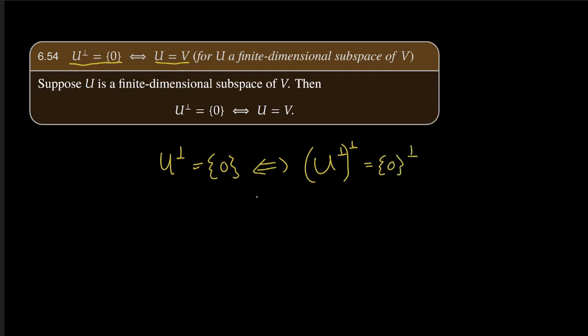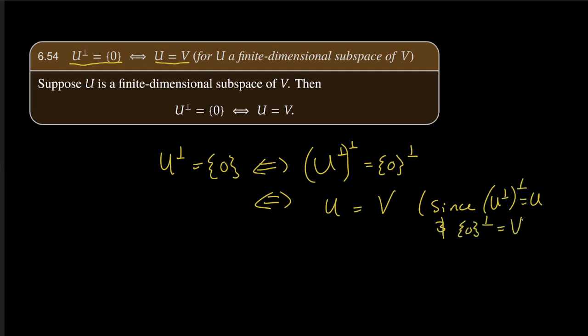But we know that this says that U is equal to V, since U perp perp is equal to U, and the orthogonal complement of just the 0 vector is equal to V. Oh, okay. So that's the proof of it. Pretty straightforward. All we had to do is use the fact that you apply it twice and get back the same thing you started with, and then use the fact that the only thing that's orthogonal to everything in V is the 0 vector. Okay, let's keep it going.